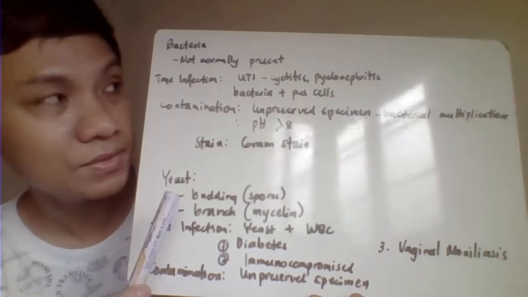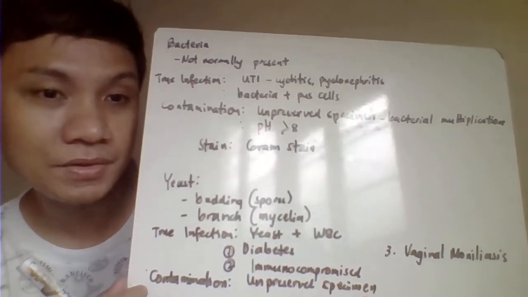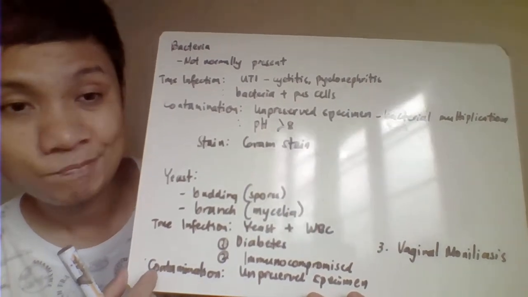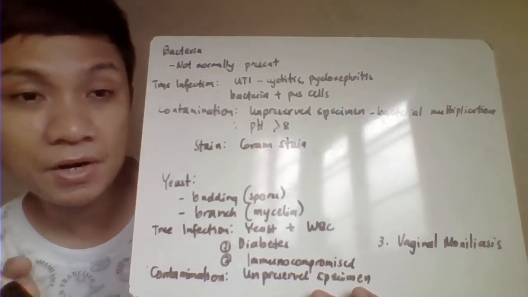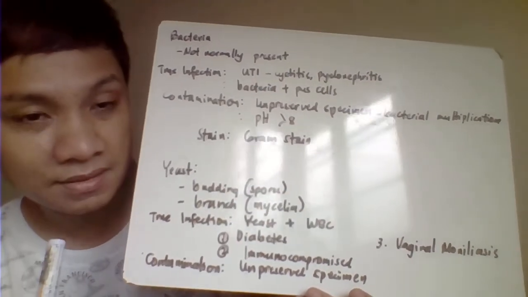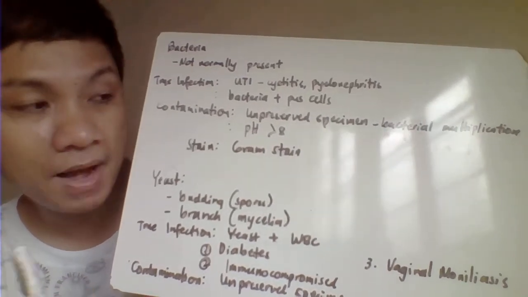Okay, again, your bacteria could be confused with your amorphous substance, the granules. Or even, like in the case of a bacterial cast versus a granular cast, they are almost the same. And they could be differentiated by your gram stain.